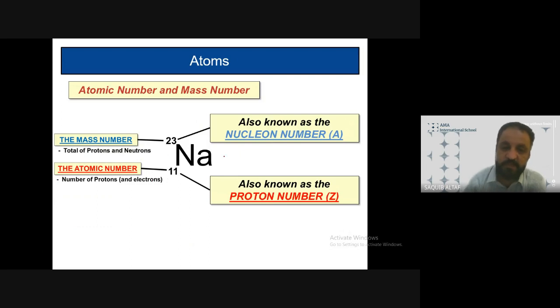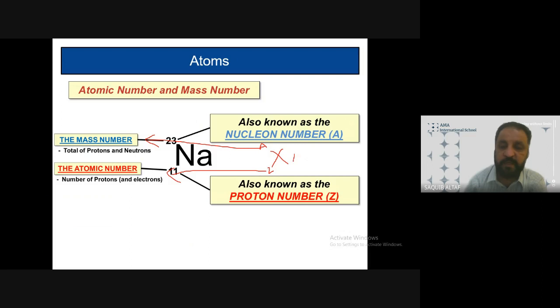So we can write this in general form: X is any element, A is the mass number and Z is the atomic number.